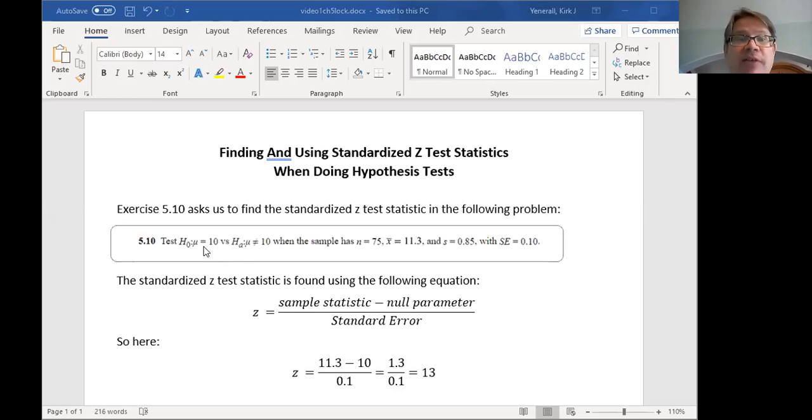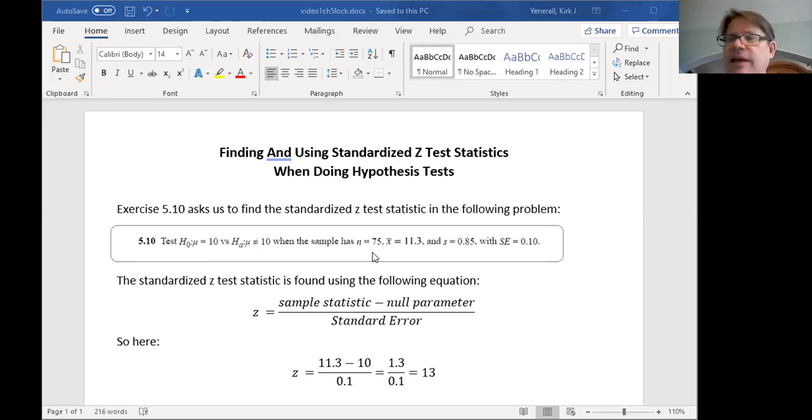But somebody's seeking evidence to see if mu is not 10. Is there statistically significant evidence that the population mean is different from 10? They've got these two competing hypotheses that they're going to test.